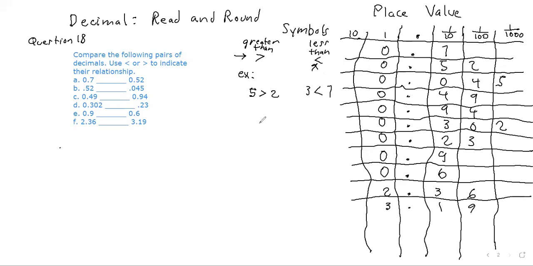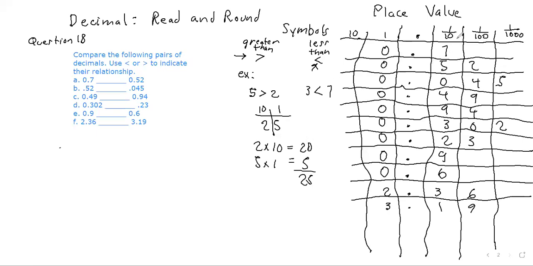Remembering if we have 25, and this is a place value of 10, it's a place value of 1, this means that we have 2 tens, which is 2 times 10, which is going to give us 20, and 5 ones, which is 5 times 1, which will give us 5, and we simply add that up to 25. So the place value gets multiplied by the digit. Here we multiplied the place value of 10 by the digit 2, right? And that gives you the size of the number, 20.